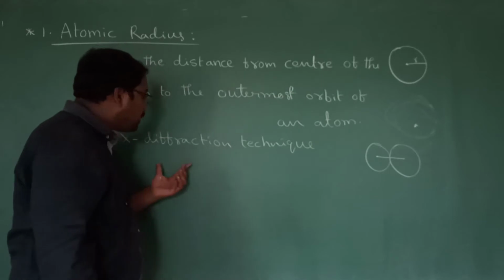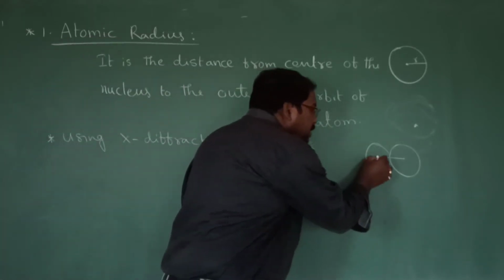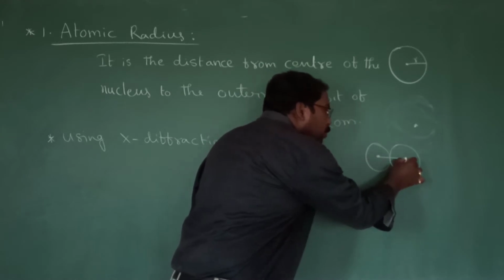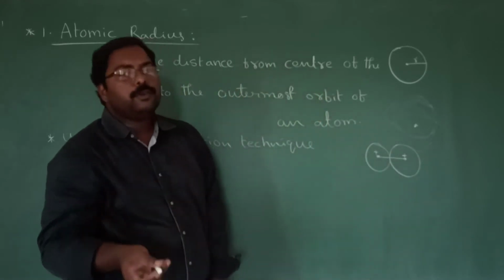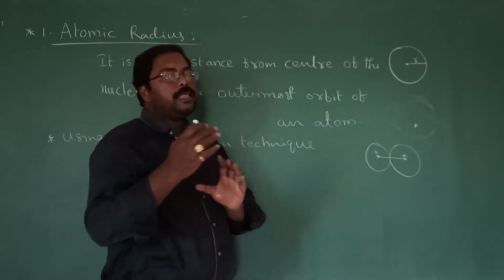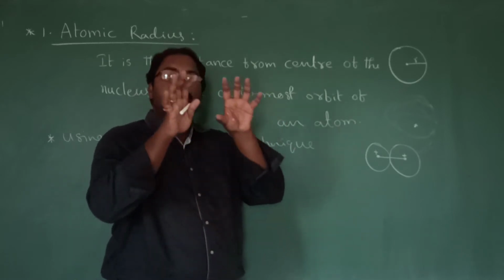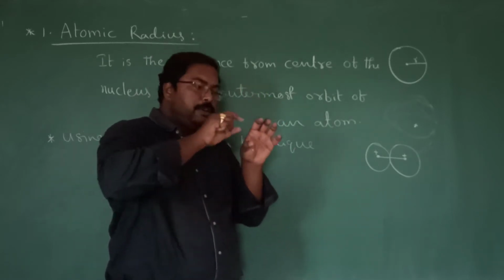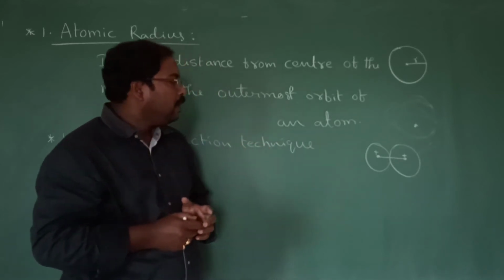So using this technique, we can find the distance between the two nuclei, because the nucleus of any atom will be positively charged. For all atoms, the nucleus charge is positive only. So when two atoms are present together, you can find the distance between the nuclei of the two atoms.